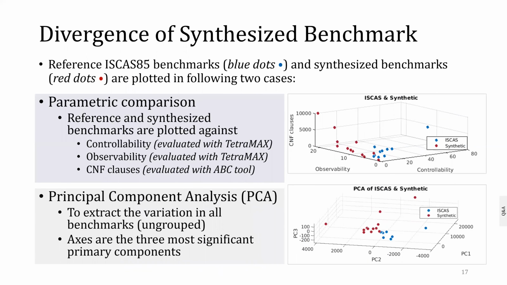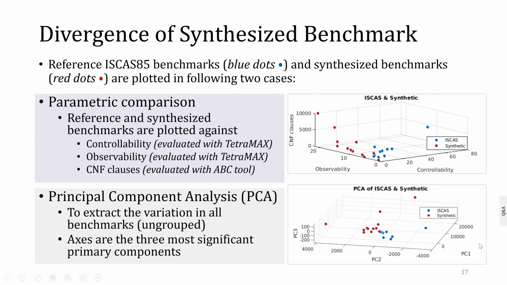Now let's look into the resultant results, how they look for the benchmarks. We have placed reference and synthetic benchmarks along the axes which represent observability, controllability, and CNF clauses. We can see that the original ISCAS benchmarks, the blue dots, are placed as a cluster, whereas the synthetic benchmarks are spread along the space.